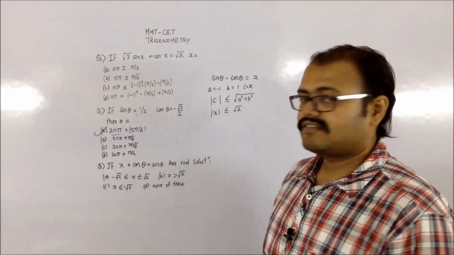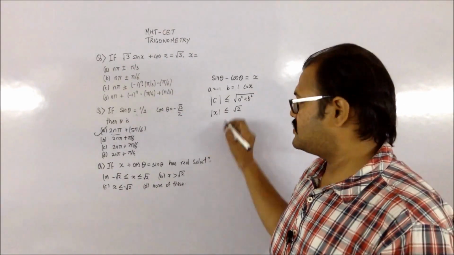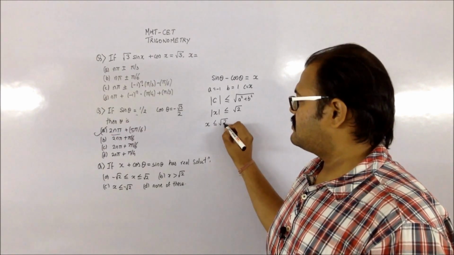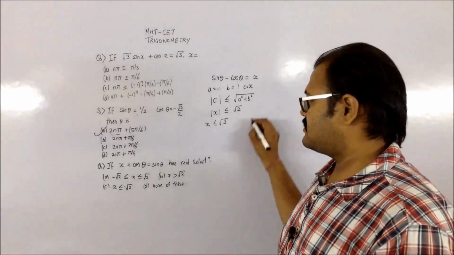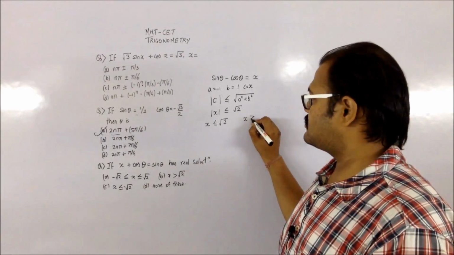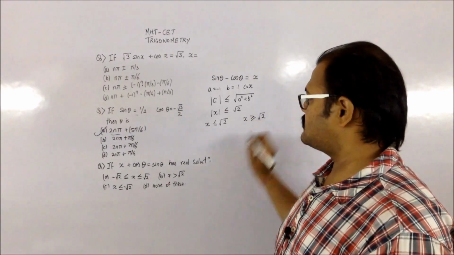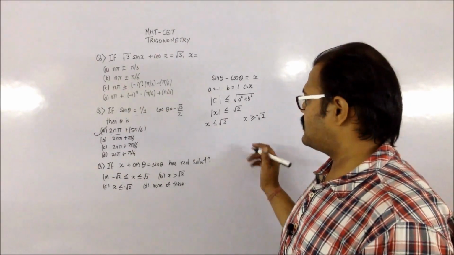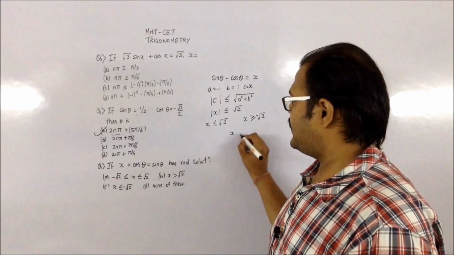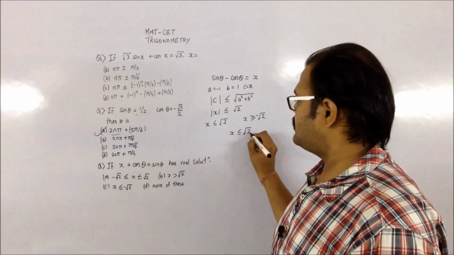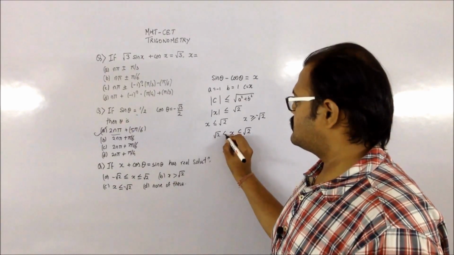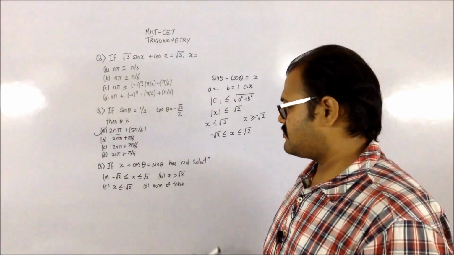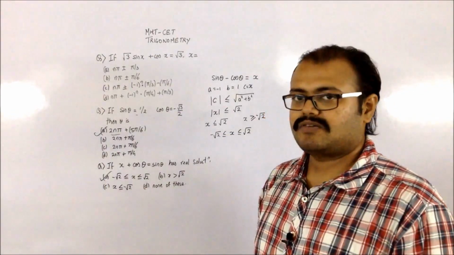Now for mod of x, if my x is positive, then it is going to be this particular condition, but if my x is negative, then it's going to be this particular condition. So if I try to combine both of them, my x will lie between plus and minus root 2. So if you just check the options, it's going to be your option A.